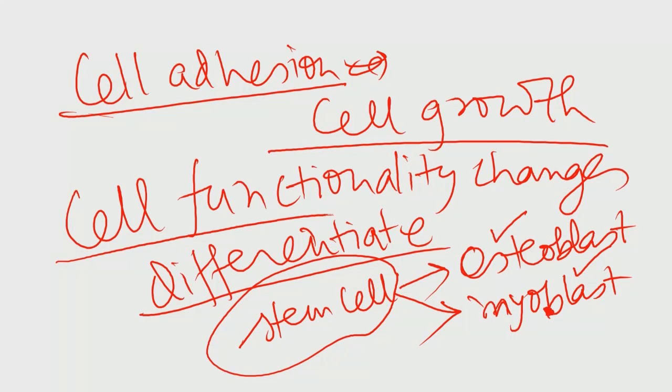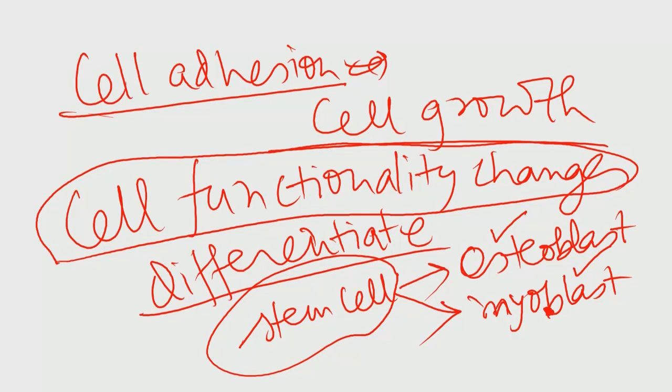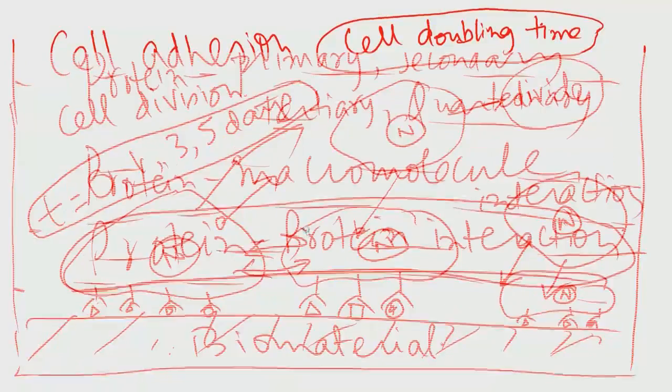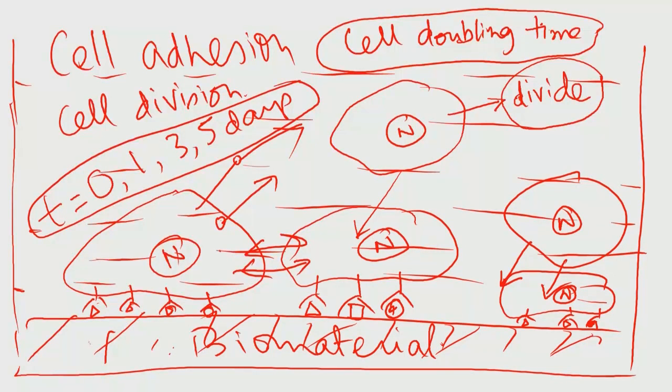Now, cell functionality changes certainly take a little longer than the time frame you typically grow cells to check for the cell growth process. Cell differentiation is one of the important aspects, because when you are growing a cell on biomaterial X or biomaterial Y, one should be curious enough to see whether that growth on a particular biomaterial substrate would also influence cell functionality or not.